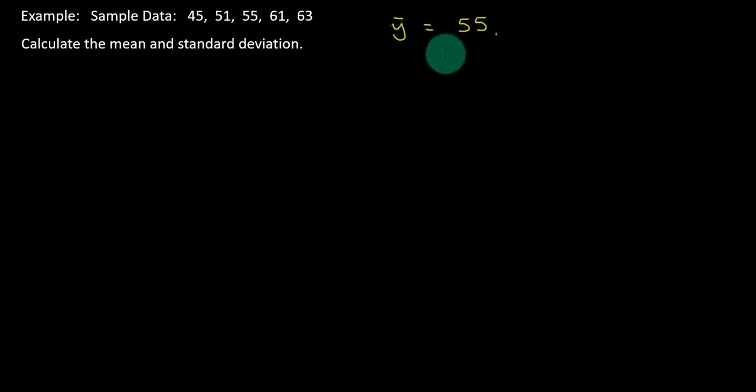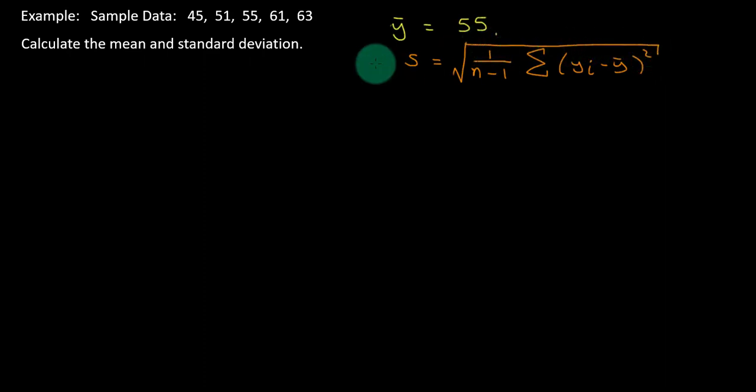And what I'll also write up here is the formula, just so it's in our face. s for sample standard deviation, big square root, 1 divided by n minus 1, the sum of squared deviations from the mean, all in the square root. Okay, so that's just for reference.